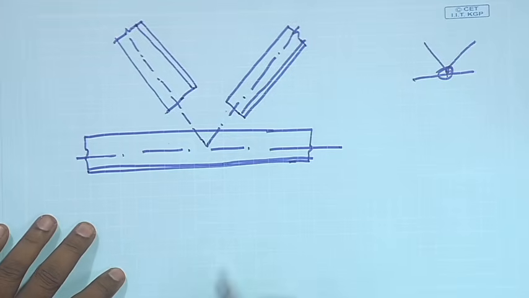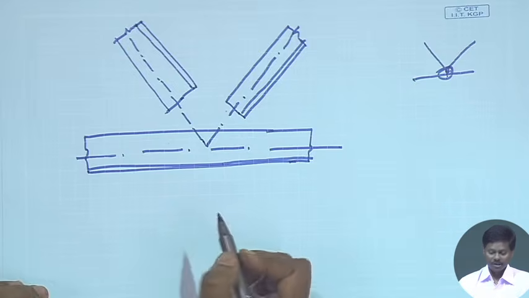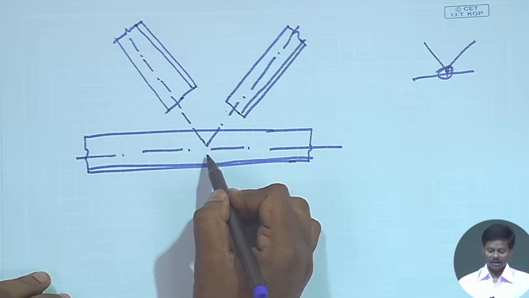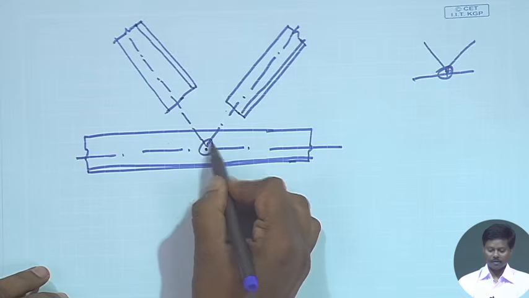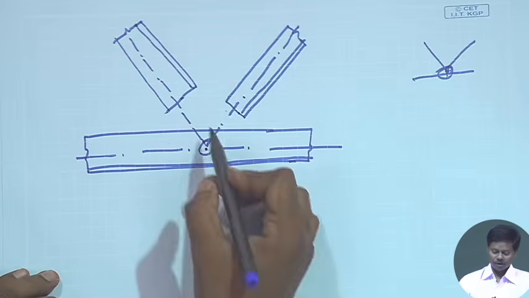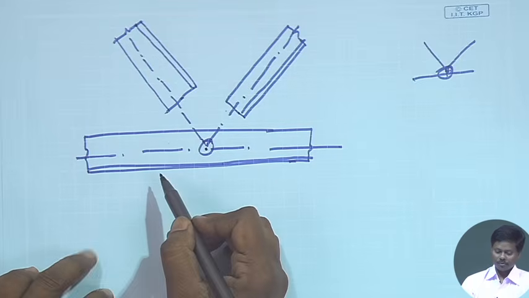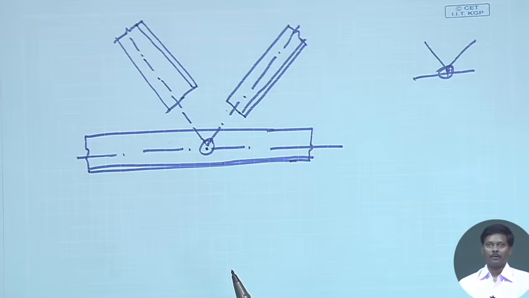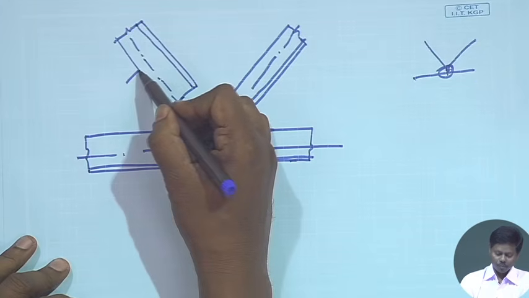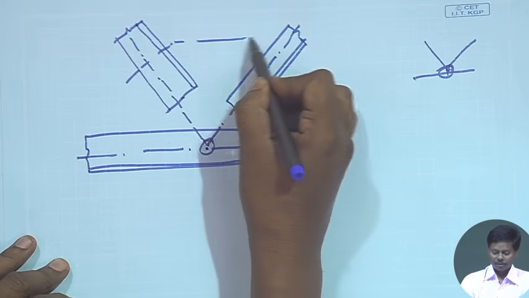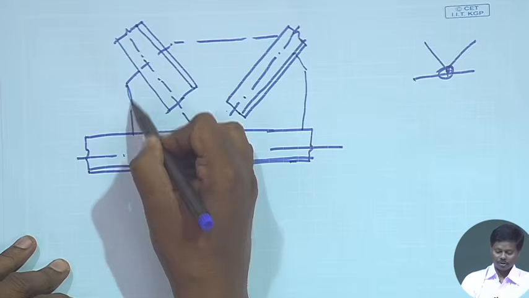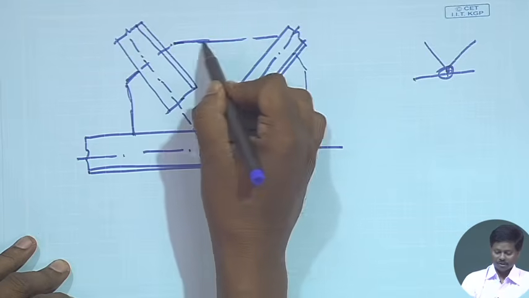So, while joining such type of structure, we have to see that the CG of all the members are meeting at a particular point, right, and the length of joint should be as less as possible to reduce the amount of material. That means, we have to join through, say suppose gusset plate to this structure.